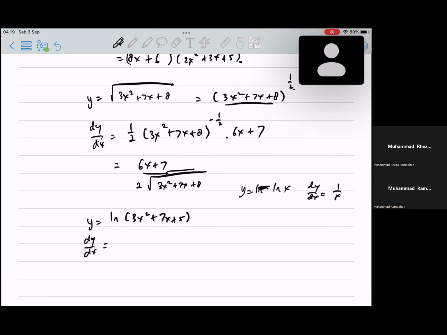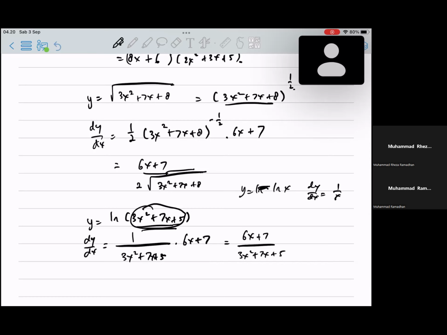So in this term, dy over dx is firstly 1 over 3x squared plus 7x plus 5, but you have to derive the function in the ln form. I mean, you will get 6x plus 7, which is the derivative of this term. So the result is 6x plus 7 over 3x squared plus 7x plus 5. Okay.